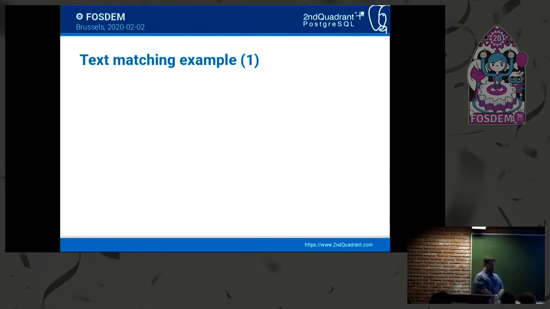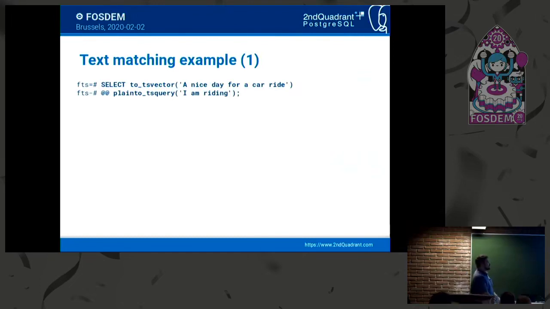So let's do some text matching. So select to TS vector, a nice day for a car ride is our document. And our query is, I am riding. Does it match? Yes, it matches, according to our English dictionary rules.